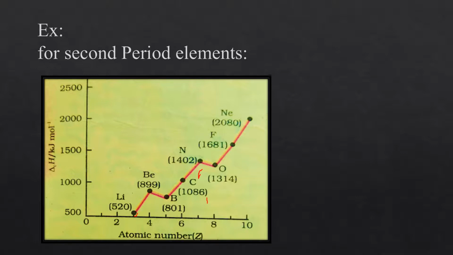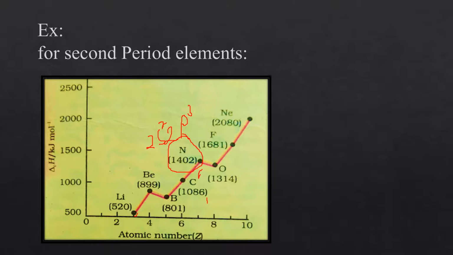Again the reason is the stable electronic configuration of nitrogen compared to oxygen, because we know that the outermost electronic configuration for nitrogen is 2s2 2p3, and here the p orbital is half filled, and we know that half filled orbitals are stable in nature, and due to this stability more energy is required to remove an electron from the half filled orbital of nitrogen as compared to oxygen. That's why nitrogen has higher ionization enthalpy than oxygen.